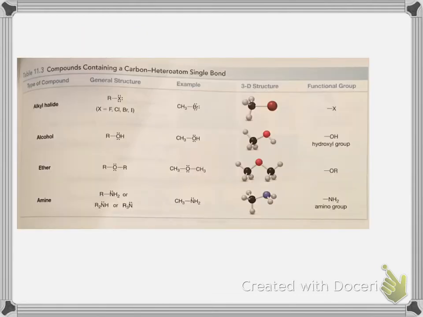So here's a table, and we're just going to briefly look at three, and we'll come back. This table is one that contains carbon and a heteroatom. So you'll notice here that it has carbons and then a single bond to any of the heteroatoms, like nitrogen, oxygen, the halogens.